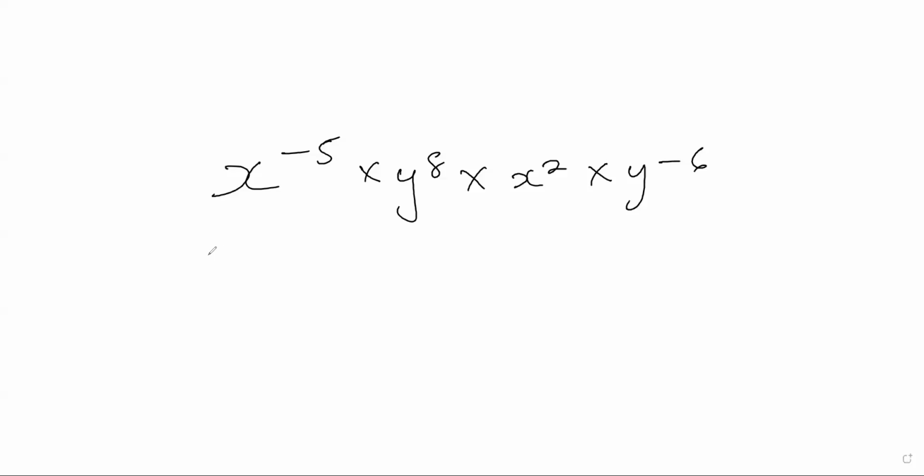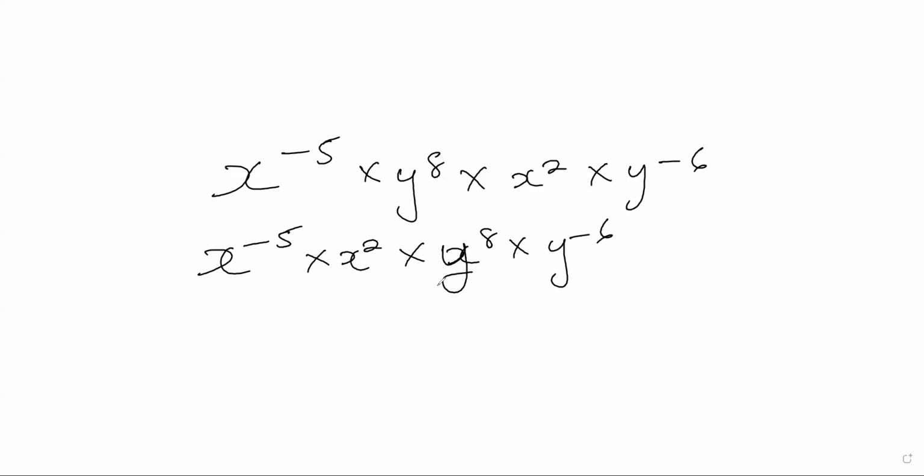All right, so group as usual. So x to the minus 5 times x squared times y to the 8 times y to the minus 6. No, this is supposed to be y. All right, so we add now. So minus 5 plus 2, y 8 plus minus 6.